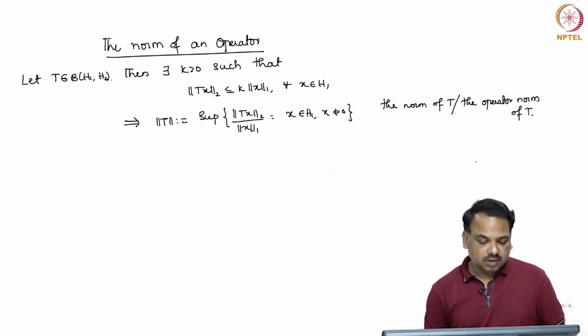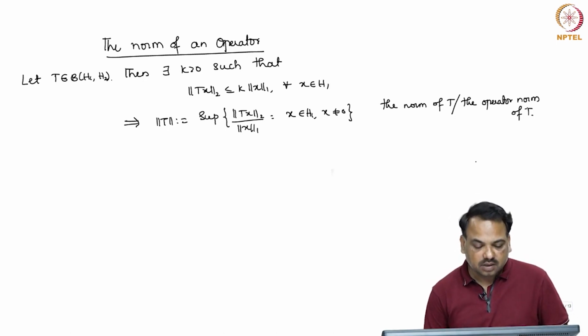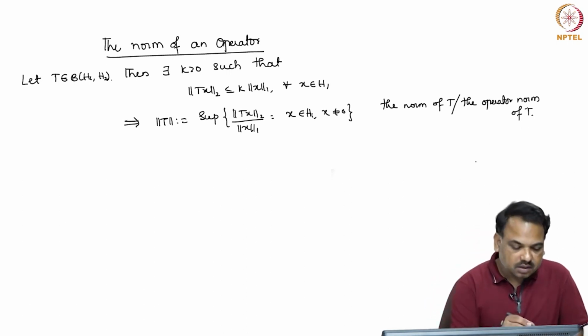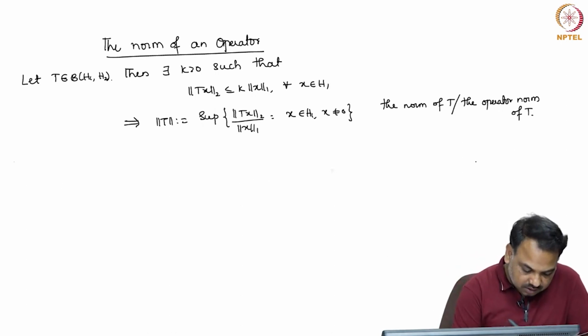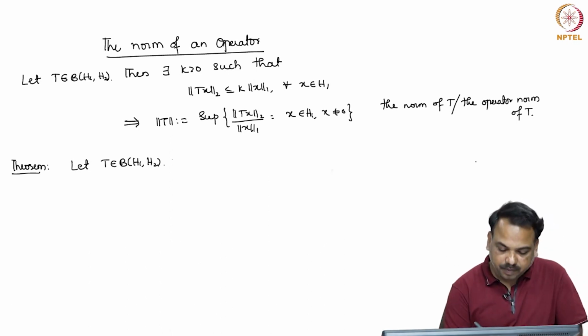Now we can ask the following question: how to compute the norm of an operator? So we will be describing different conditions which are equivalent, which are useful in computing the norm of the operator. So let us discuss that. Let T be a bounded linear transformation from H1 into H2.